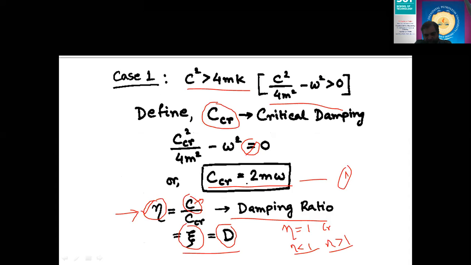CCR is equal to twice m omega, and eta is equal to C upon CCR. So C is equal to what? Eta into CCR, right? C is equal to eta into CCR. So this I am replacing in this equation. Whenever the value of C is there, I am replacing it with eta into CCR.